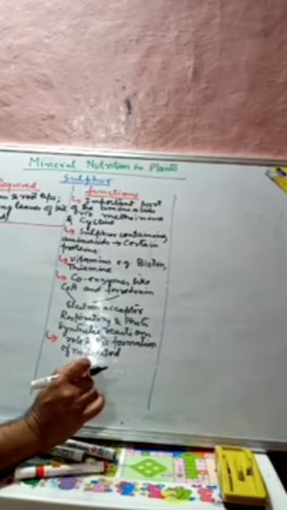It plays a very important role in the formation of nodulated roots, mainly in leguminous plants. So these are some of the functions carried out by sulfur.